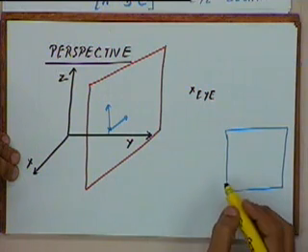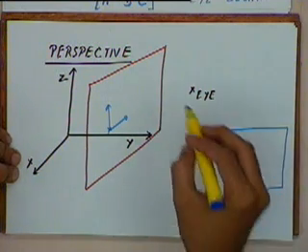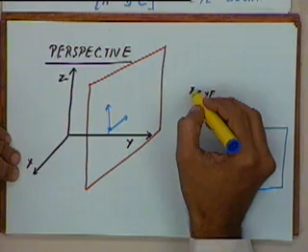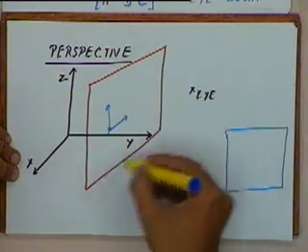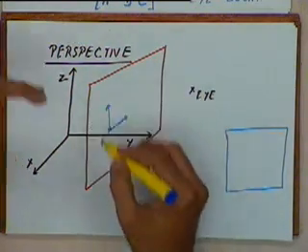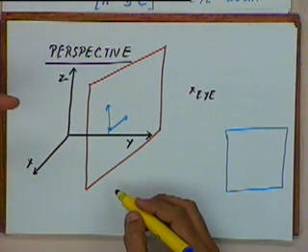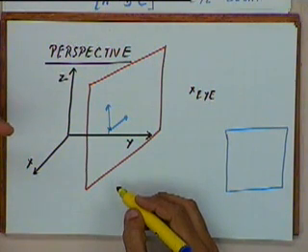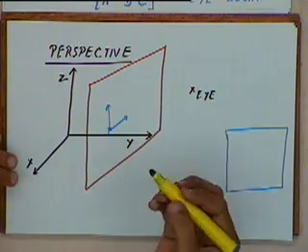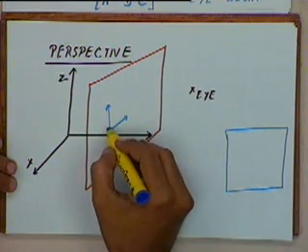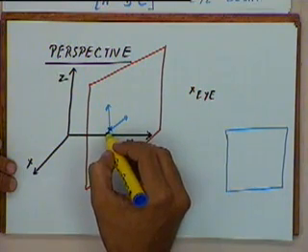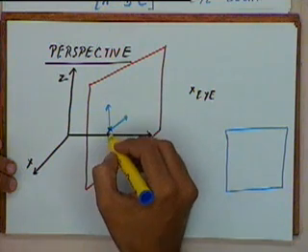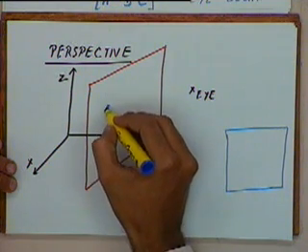So typically what would be done is that if this is the eye, we will assume that this plane corresponds to the screen itself. And we will define an origin on this, and we will define an upward direction.